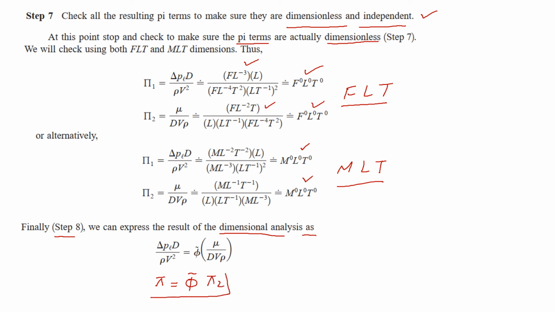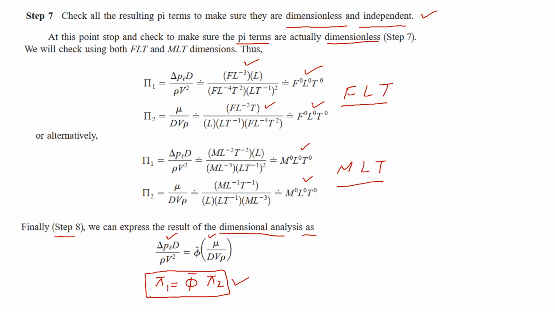This is what we initially saw, and now we can relate to this equation and these terms, and see how we arrange these terms in a dimensionless form by following this 8-step procedure. So this is how we came up with this equation, that pi1 is equal to sigma pi2, and initially we had 5 variables and now we have only 2 variables. So this is what dimensional analysis was all about.